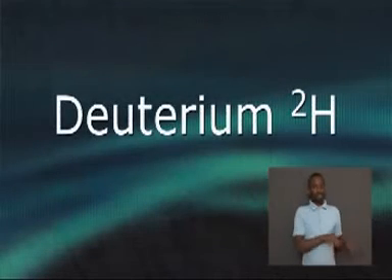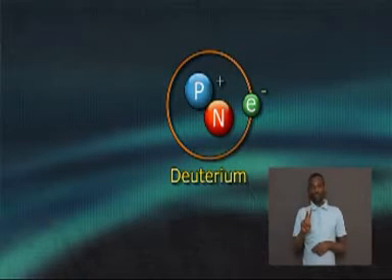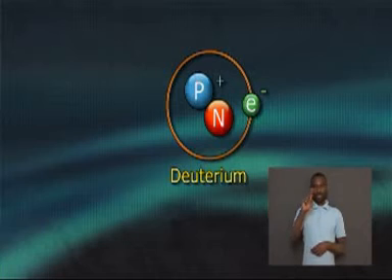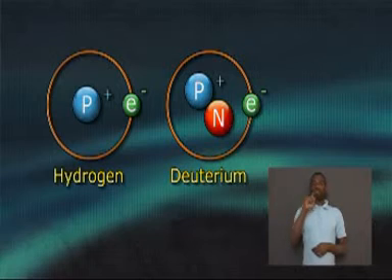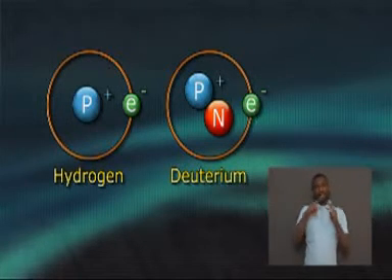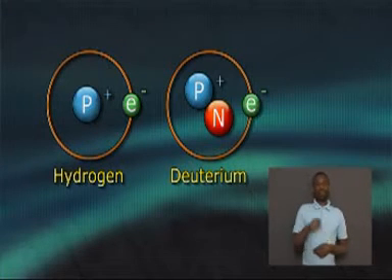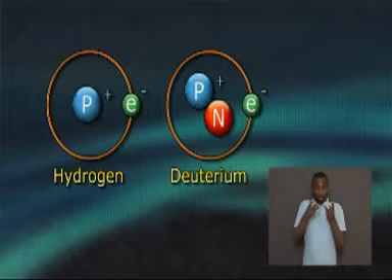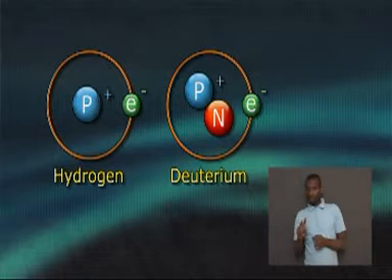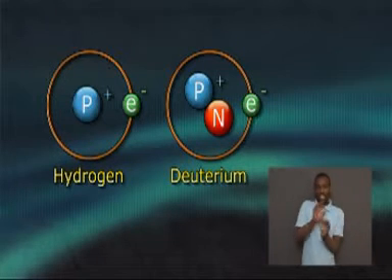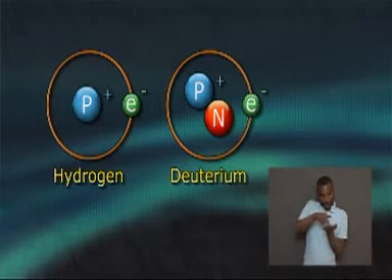Students, let us look at an example using deuterium. Deuterium, also called heavy hydrogen, is a stable isotope of hydrogen. Deuterium is most often represented as 2H because it has an atomic mass of 2. The nucleus of common hydrogen contains no neutron, but the nucleus of deuterium contains 1 proton and 1 neutron.